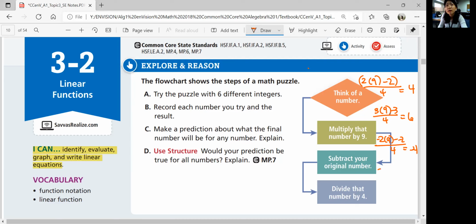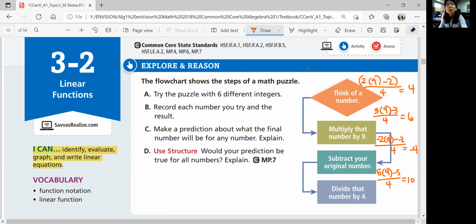What about 5? 5 times 9 minus 5, divided by 4. 45 minus 5 is 40, divided by 4 is 10. 1, 2, 3, 4, 5, 6. So you do two more different integers.